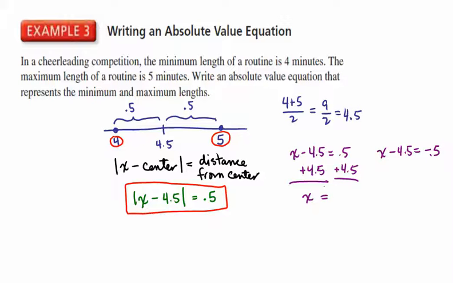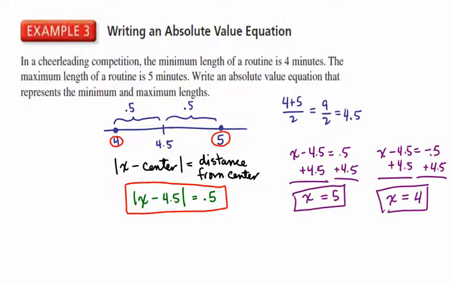When we do, we get x is equal to 5. Adding 4.5 to both sides, negative 0.5 plus 4.5 is equal to x equals 4. So as I said, we don't need to solve this because we were given the answers at the beginning, and our job here was to construct the equation only.